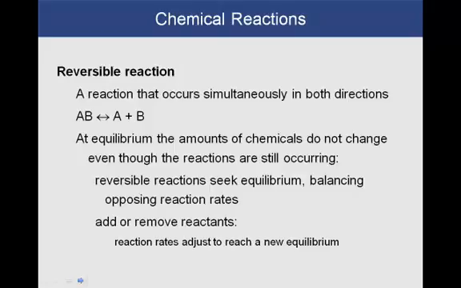Reversible reactions are reactions that can occur simultaneously in both directions. So while AB is being formed, it's also decomposing into A and B. At equilibrium, the amounts of chemicals do not change, even though the reactions are still occurring, meaning they're occurring as quickly in this direction as they are in this direction.